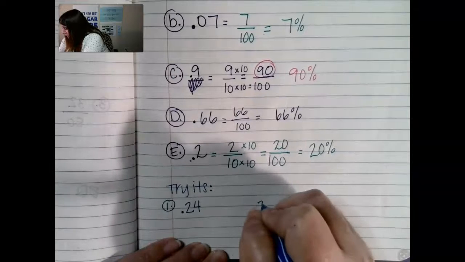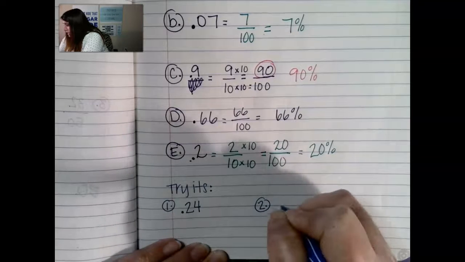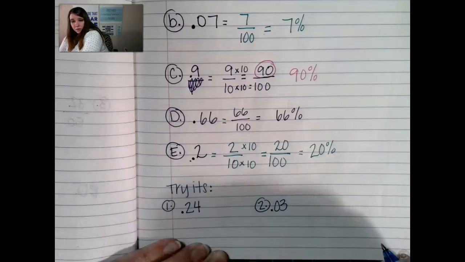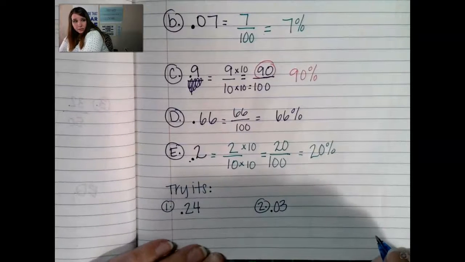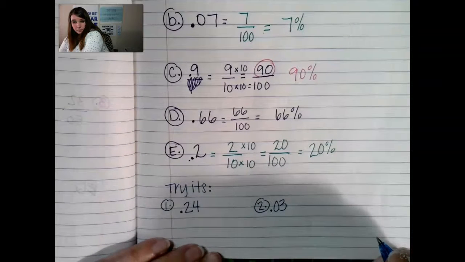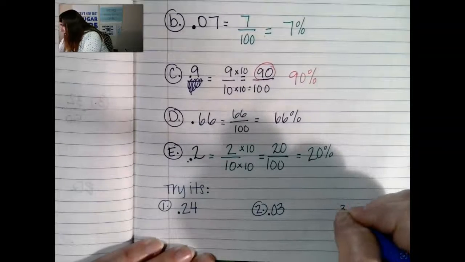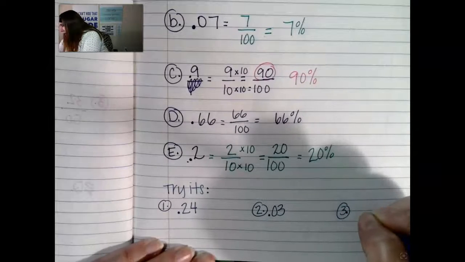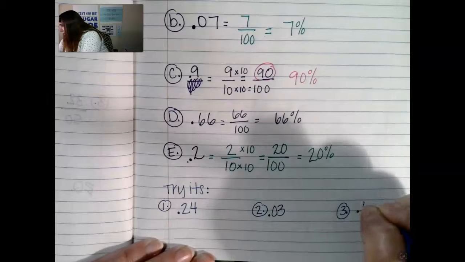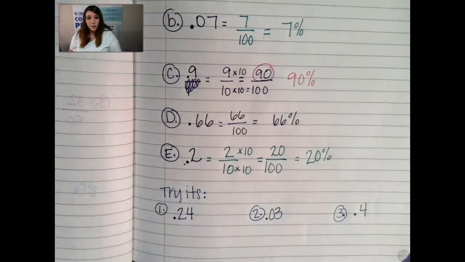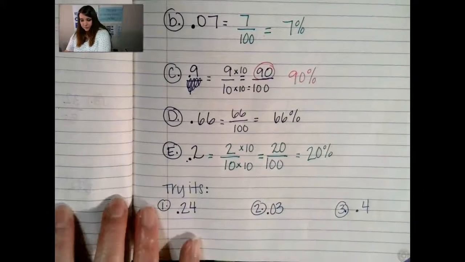The next try-it I would like for you to do says 0.03 or 3 hundredths. And then let's do one more, and this one says 4 tenths. Okay, sixth graders, go ahead and hit pause right now so you don't hear me solving, and then when you are ready, go ahead and hit play.